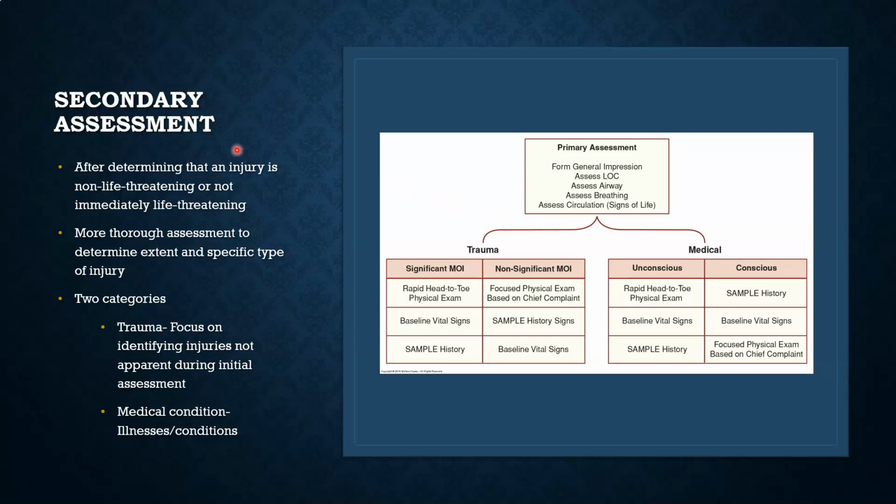And so the secondary assessment is once we begin, we try to determine the extent and specific type of the injury. There are two different types of secondary assessment, a trauma-based assessment and then medical conditions. And so you can see now, based off of this, we have an unconscious medical condition.